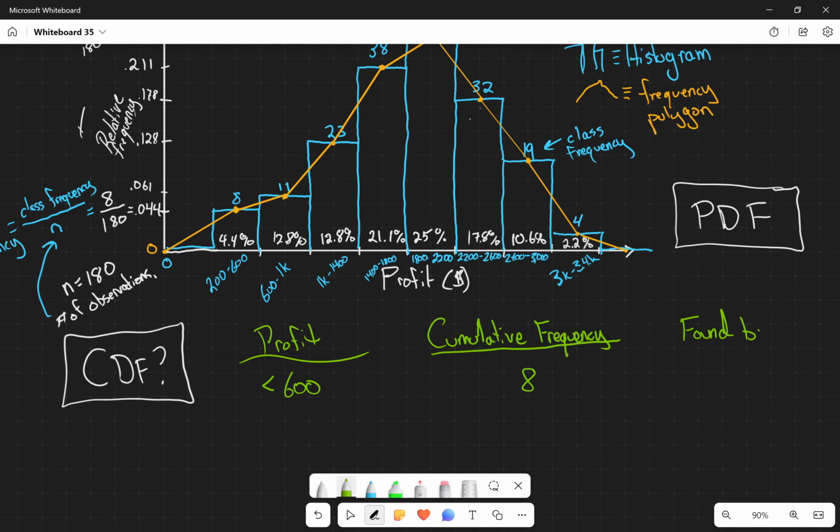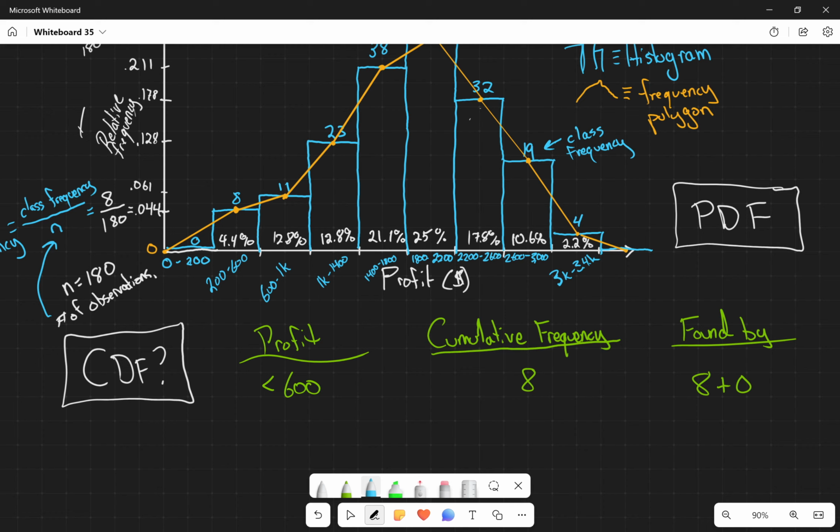And the way that we find this is we just take 8, right? We see that there's nobody making between 0 and 200. So I guess we could put 8 plus 0. How about that? Because in a way, that is the next part, right? Less than 600 is not just the 200 to 600 category, it's also the less than 200 category.